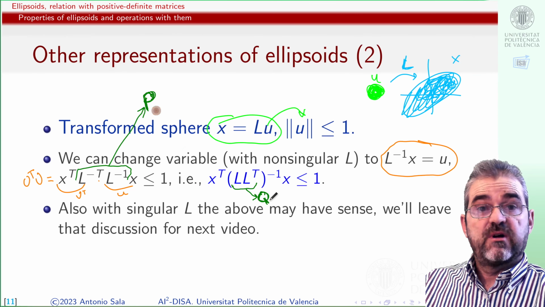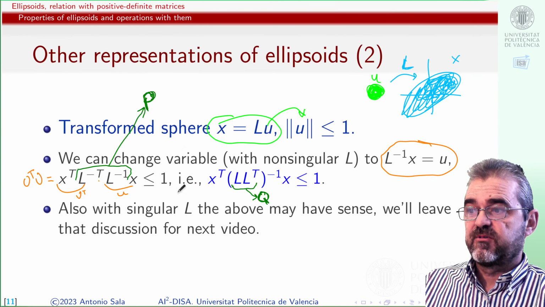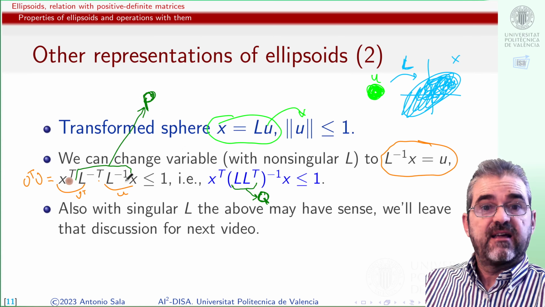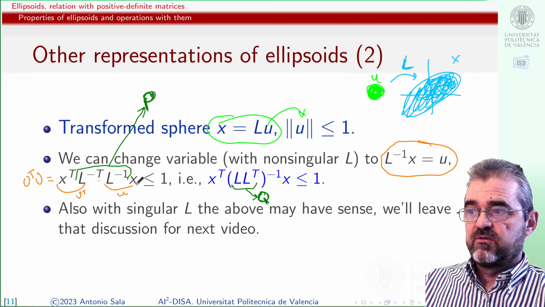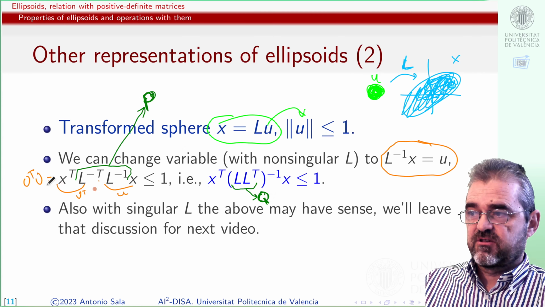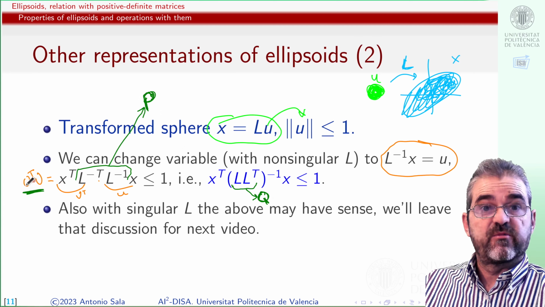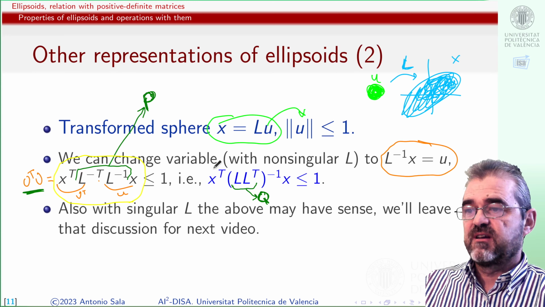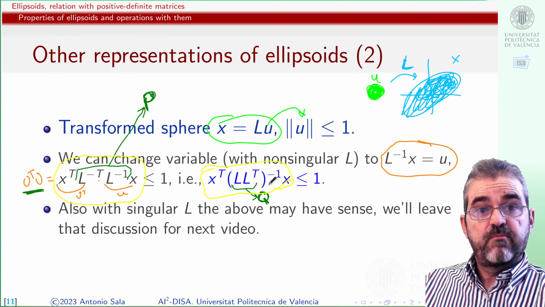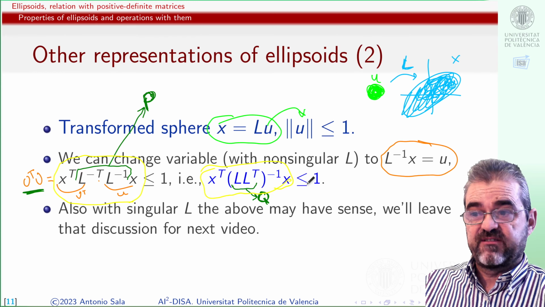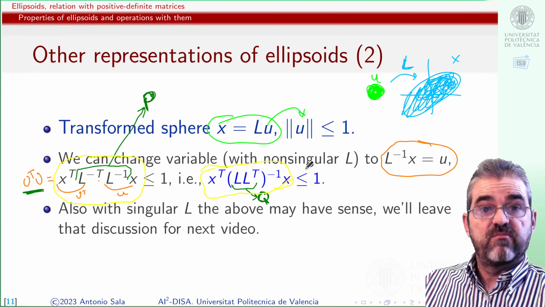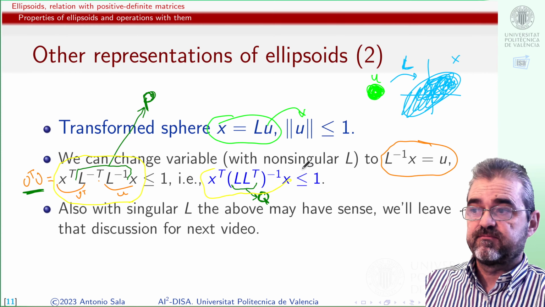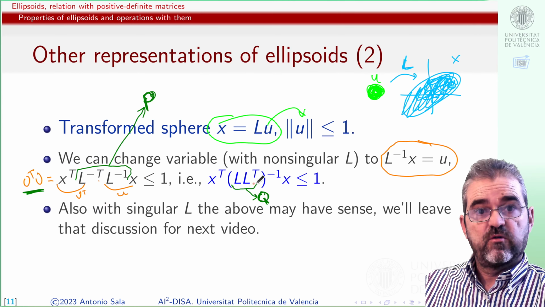And P and Q are positive definite because, for any X I wish to imagine, this result is the sum of squares of U. So these expressions I am circling in yellow will render a positive number for whatever X. So I have positive definite matrices in direct or inverted form.